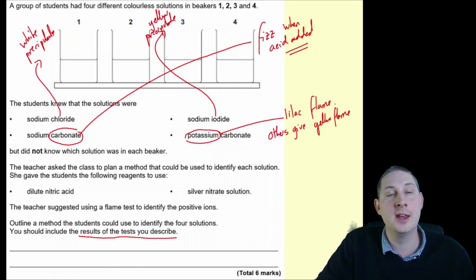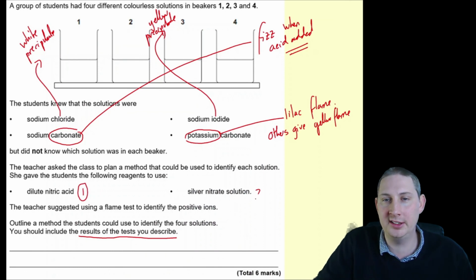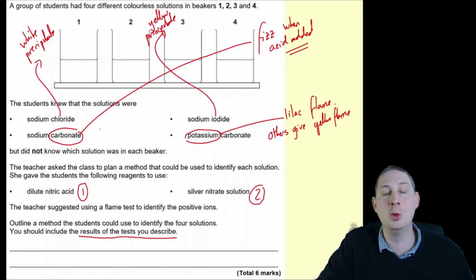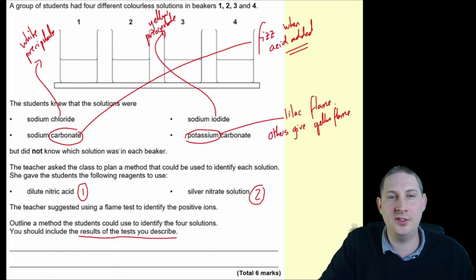If you talked about adding the nitric acid followed by the silver nitrate solution and said that sodium chloride would give a white precipitate, iodide would give a yellow precipitate, and the other 2 wouldn't give a precipitate, that's fine. You have identified sodium carbonate by the lack of a lilac flame and by the lack of a precipitate.